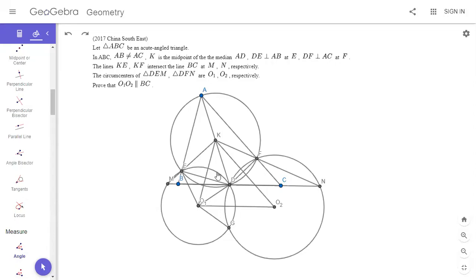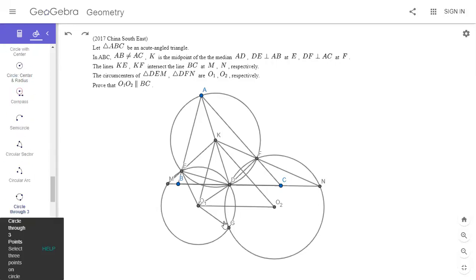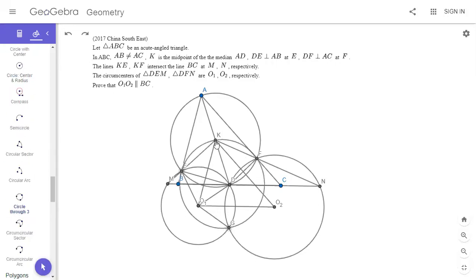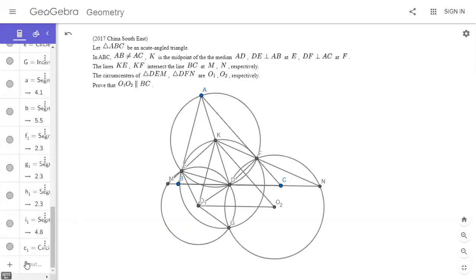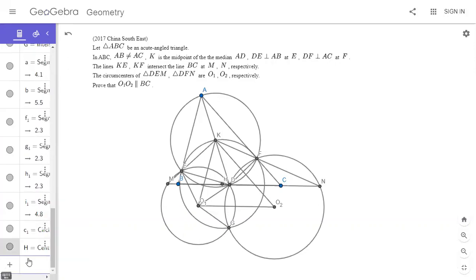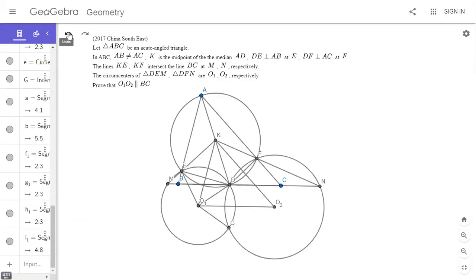Yeah, I wonder what the circumcenter of KEGF is. Let's see. Looks like just some random point.